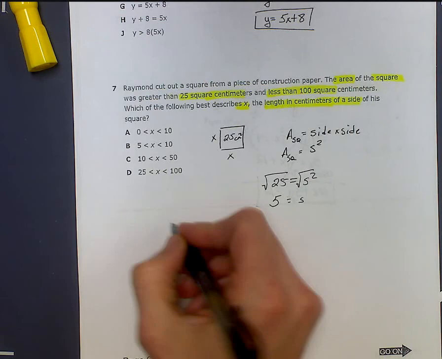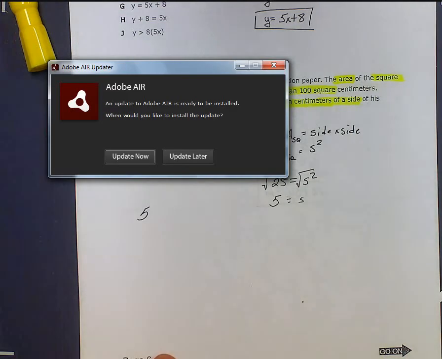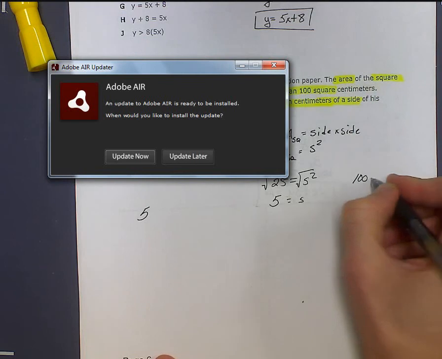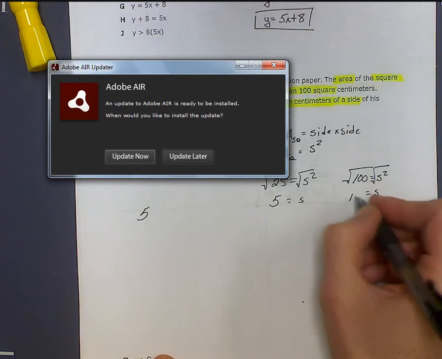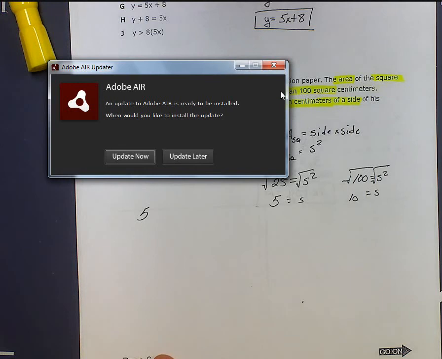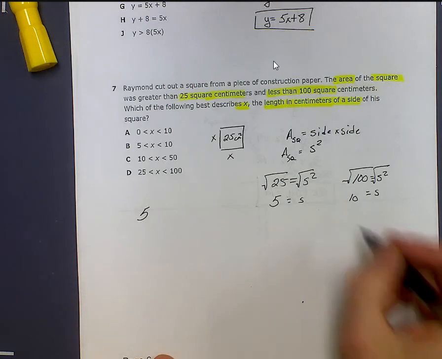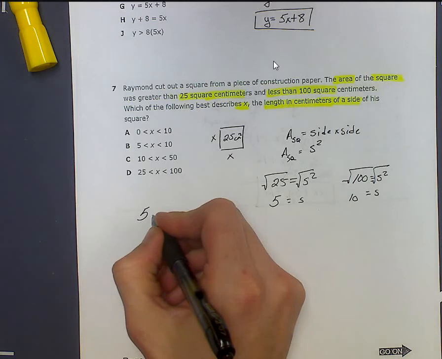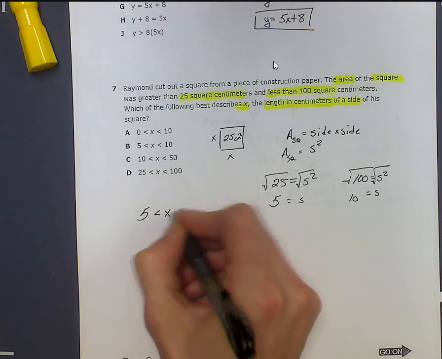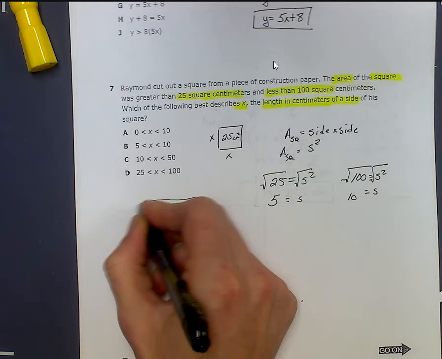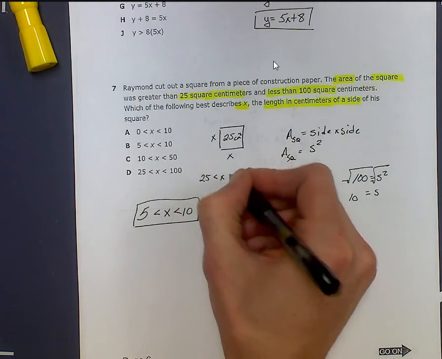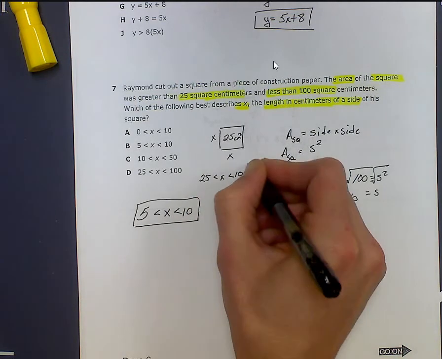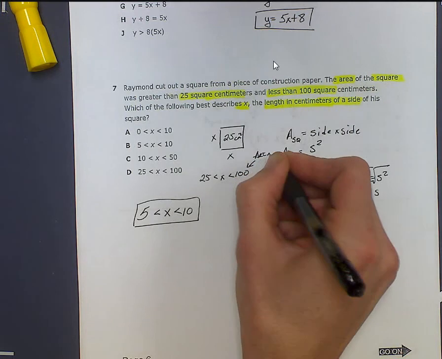So the smaller of my sides would be 5, and then I can do the same thing for my larger side. I can take the square root, again, I'll get s, but the square root of 100 is 10. So my length is in between 5 and 10. A lot of y'all just said that it was in between 25 and 100, but this is for my area and not my side length.